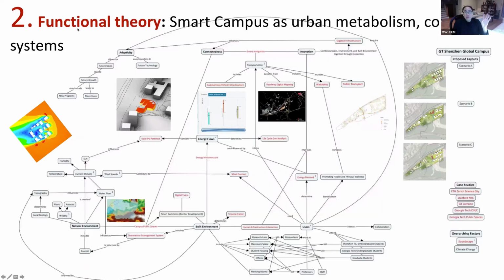And we like to use complex system theory, for instance, to understand smart campus as a metabolism. Like this, in this case, you see solar energy, hydrology, mobility. They're all kind of a component, different subsystem of the system. So campus is so complicated, as you can see.